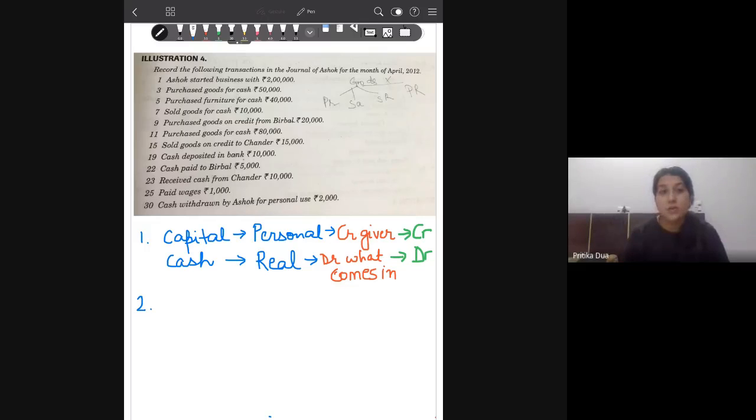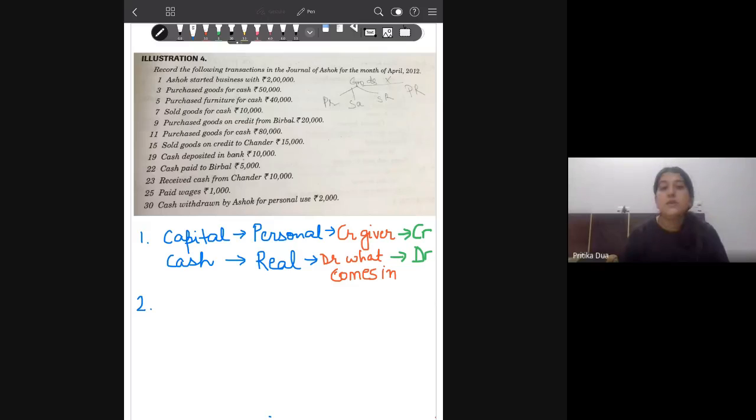If you're selling goods, it comes under the sales account. If some sales are returned back, it becomes sales return account. If some purchases are returned back, it becomes purchase return account. So no account by the name of goods appears in the books of accounts.